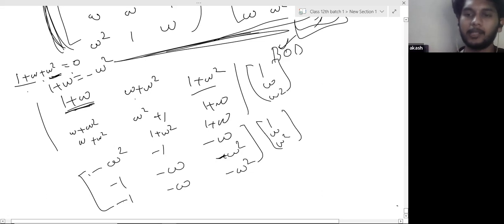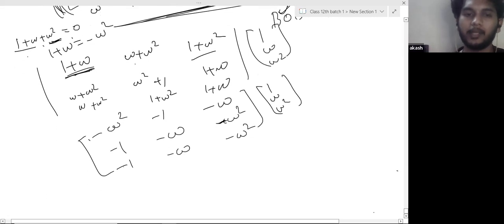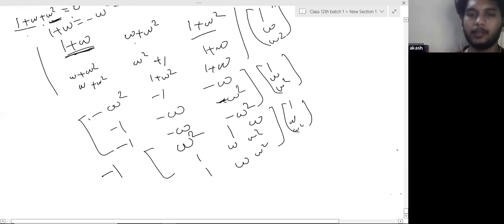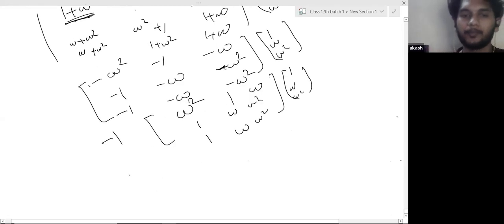Now negative 1 is multiplied in all the quantities. So we can take negative 1 outside of this. What we are getting is omega square, 1, omega; omega square, 1, omega square; 1, omega square. All right. Now we can multiply, and you will see the answer we are getting is 0.